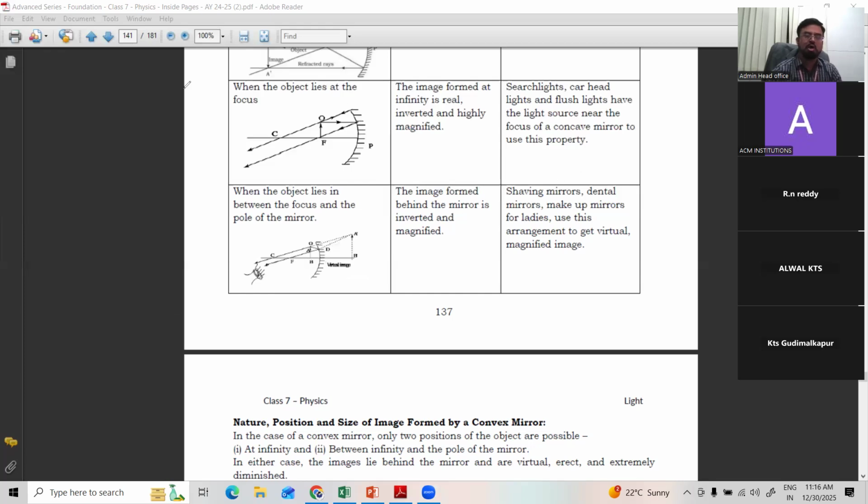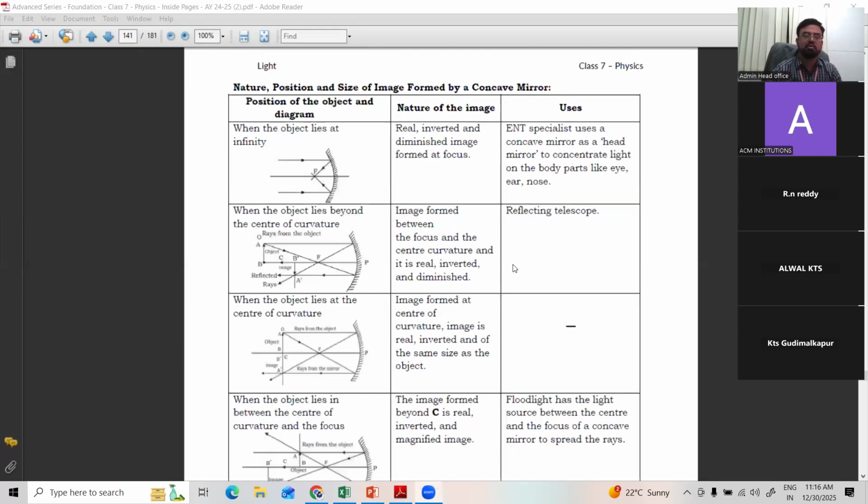What nature of images are we forming? What is the nature of the image, what is the size of the image, and what is the position of the image? When you place the object at different positions on the principal axis, starting from infinity to between pole and focus, four or five positions, what kind of image is formed, what is the nature and size of the image, is explained in a single table.